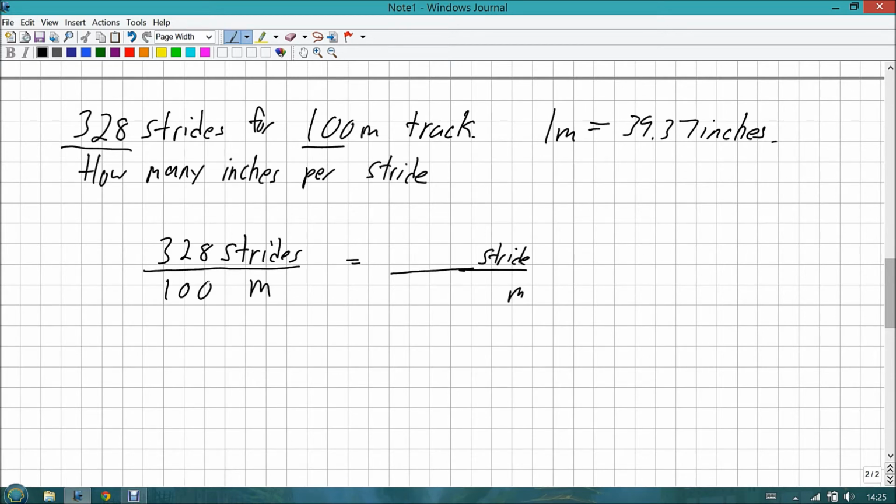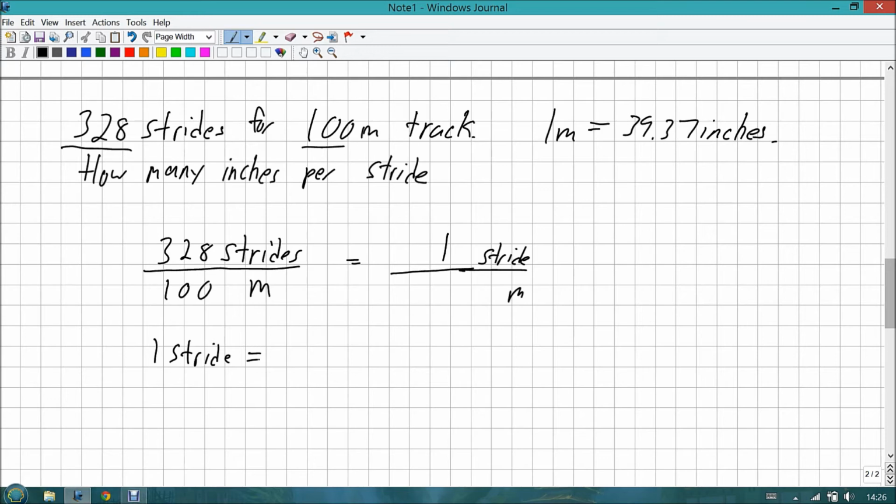So over here, for one stride, how many meters do we get? Using our handy-dandy calculator, we can actually calculate that. And we can say one stride is equal to, we go 328 divided by 100, and we get... Can that be right? Yeah, 328 divided by 100 is 3.28.